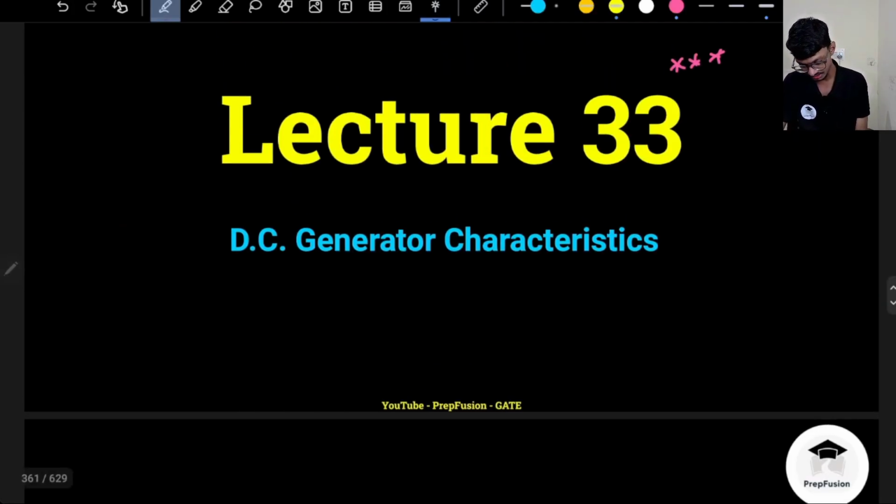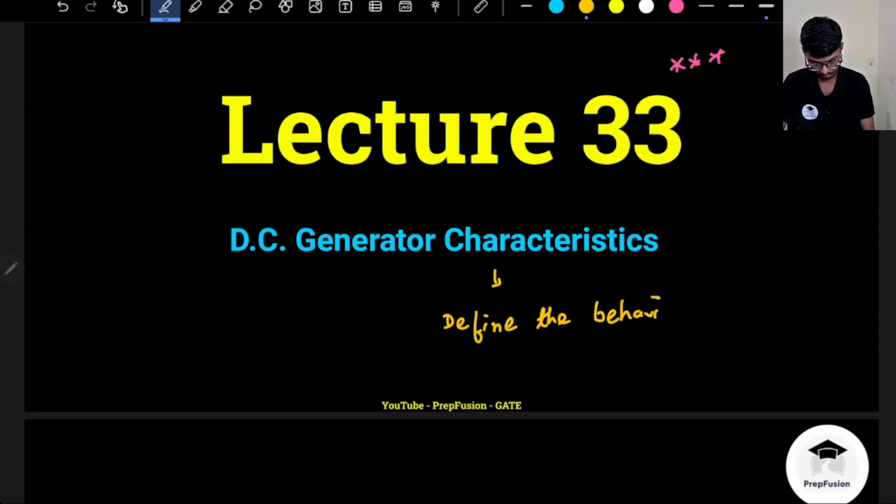So characteristics basically means defining the behavior of machines in different conditions.